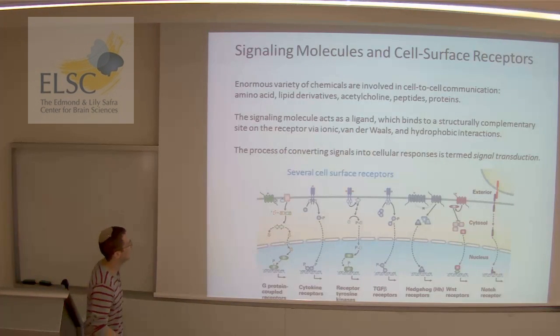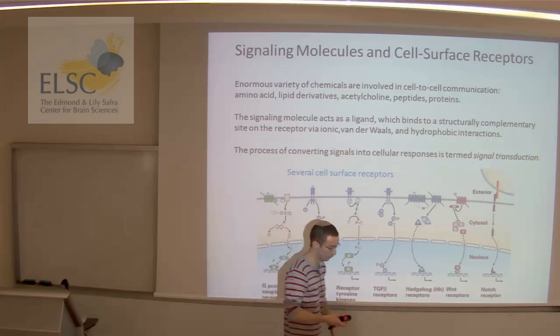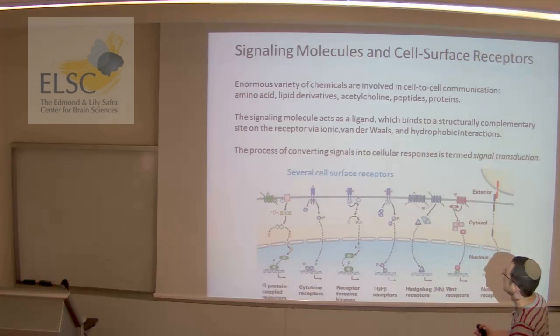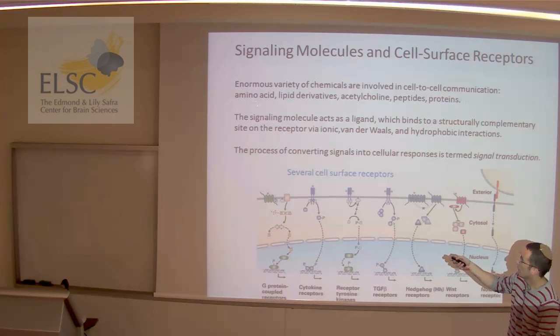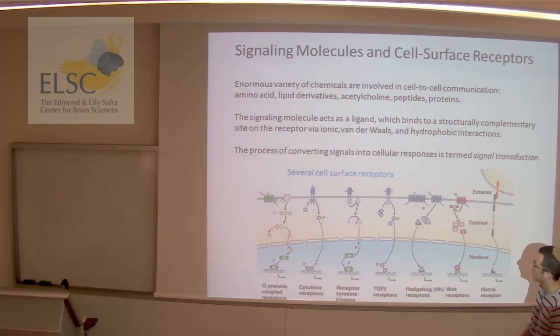And now some words of overview, even before the overview itself. There's an enormous variety of signaling molecules that can be found in our body, some of them functioning in cell-to-cell communication. They can be amino acids, which we've already met some of, lipid derivatives, small peptides, and even not so small peptides, even proteins.